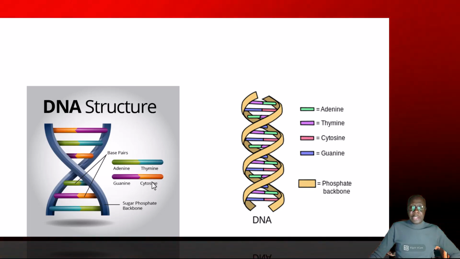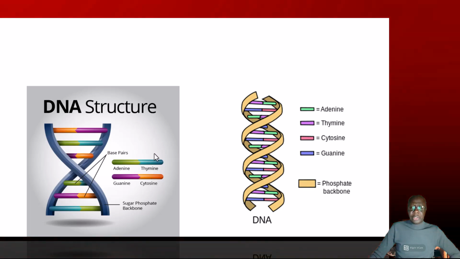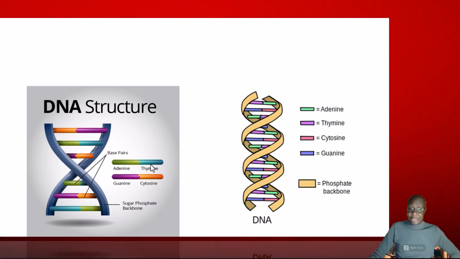It is the arrangement of these DNA molecules that codes for the amino acids that are used to make the proteins that make your body. So if the arrangement is wrong, then it will code for a wrong protein, and therefore it will affect the living organism in which the protein is.